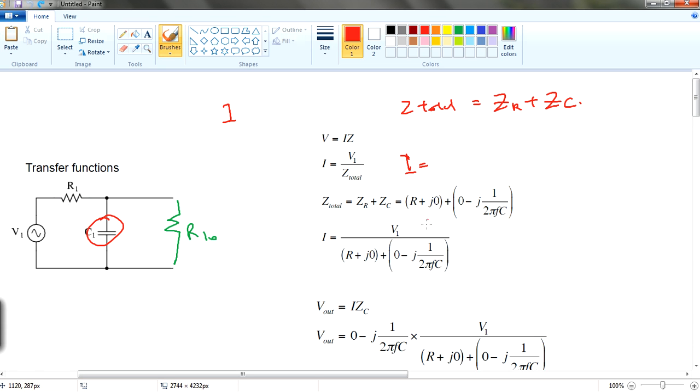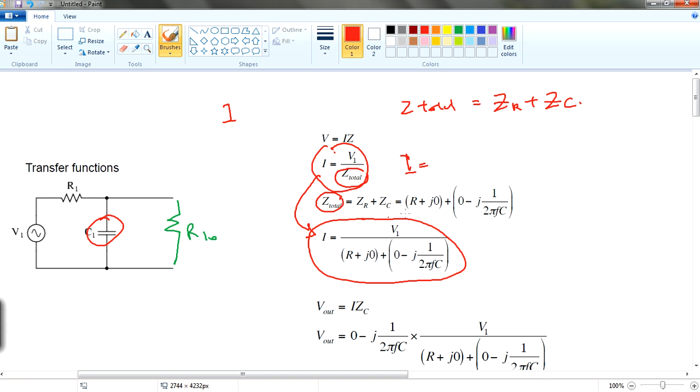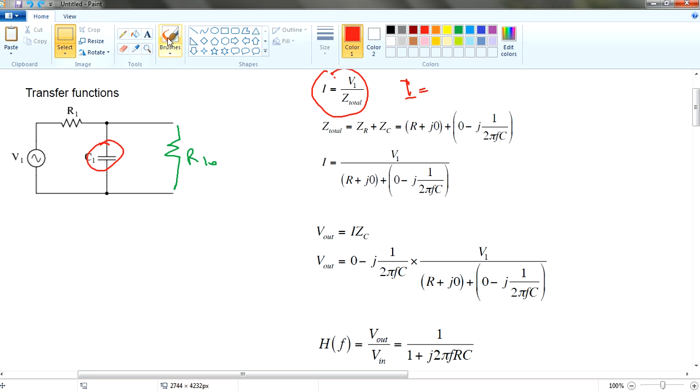So if you do that, I is equal to this, by simply changing this into this, and then you sub it in over here. So you know that I is this value already. If you were to multiply with your ZC, your capacitor impedance, you have V out.